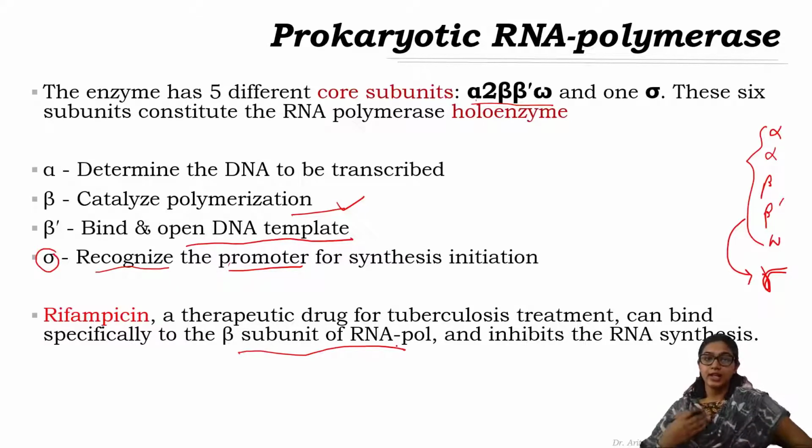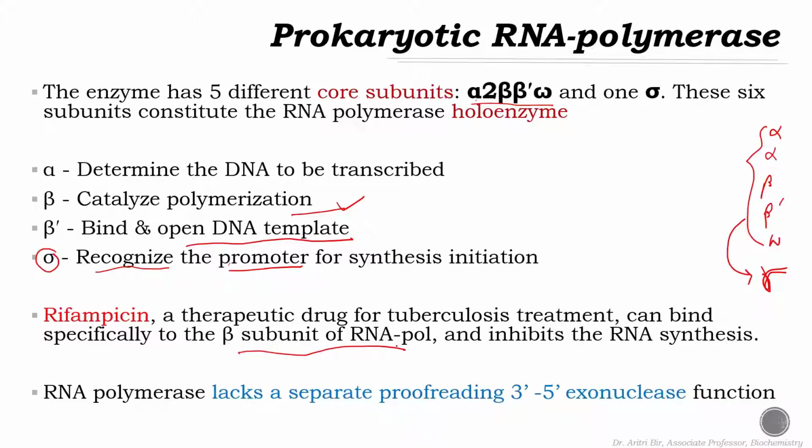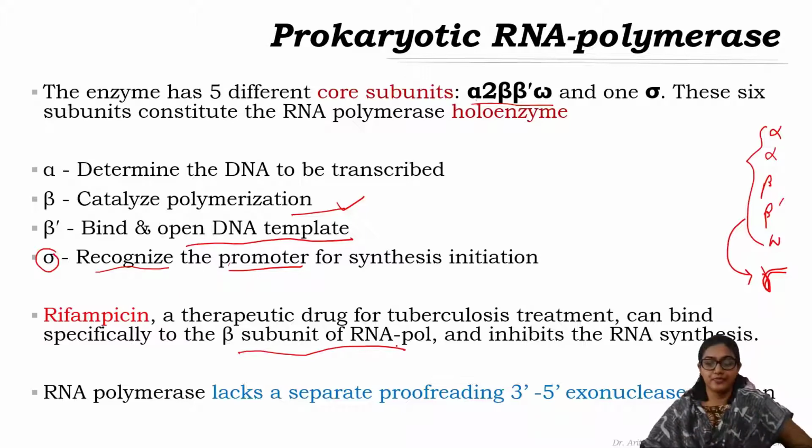That's how it inhibits prokaryotic transcription. And I must mention that, in DNA replication, the DNA dependent DNA polymerase has high fidelity and high proofreading function, which is lacking in RNA polymerase. While synthesizing RNA, that proofreading function is a bit poor.